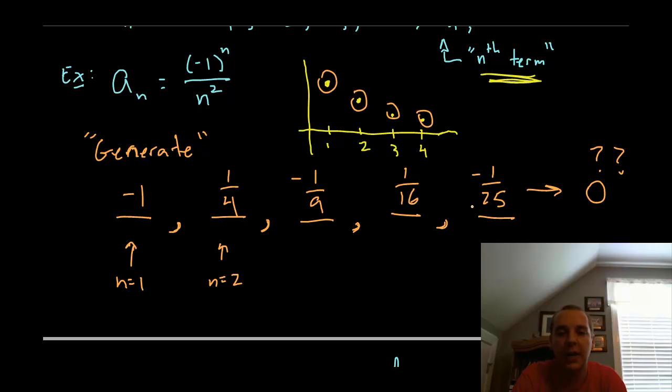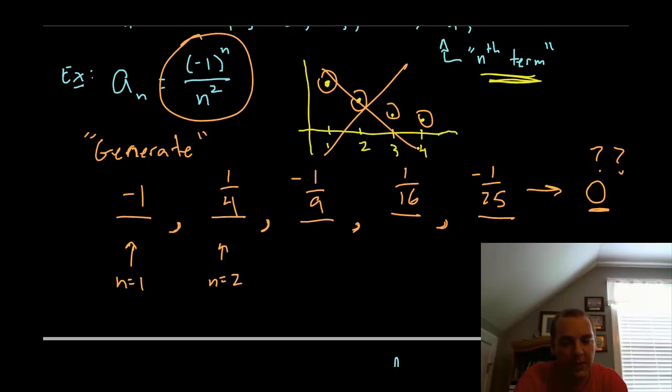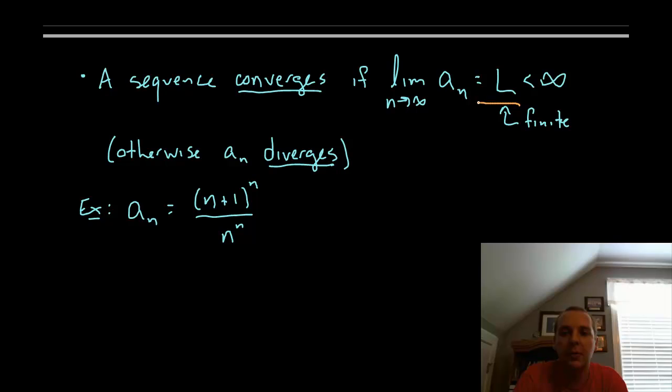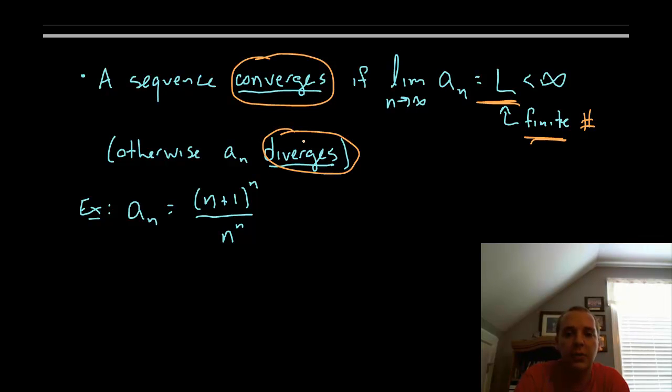Yes, they're changing sign, but it looks like a fourth, a ninth, a 16th, a 25th, a 1 over 64, etc. This sequence converges to 0. So if that winds up being some finite number, then we say that it converges. If it doesn't, then we say that it diverges. So that's your two options.